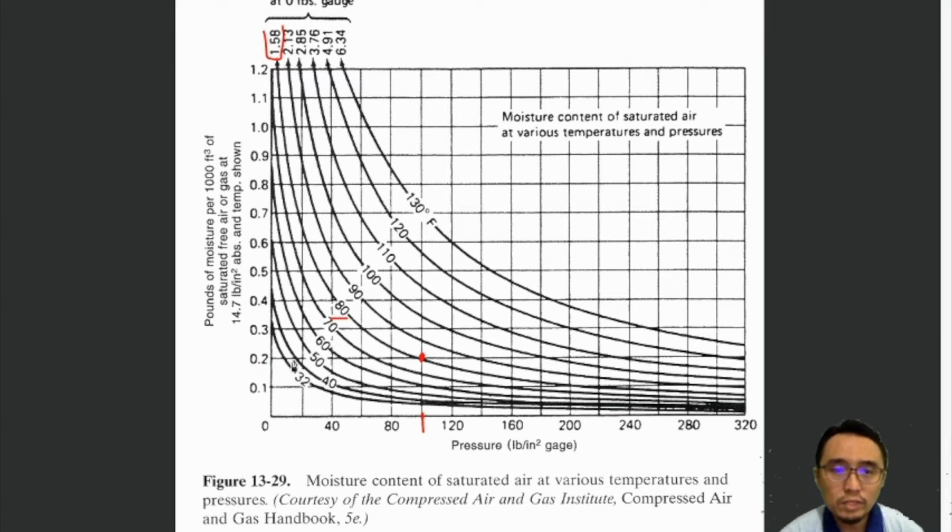The value of 0.2 means that 1.38 pounds out of the original 1.58 pounds of moisture per 1000 cubic feet of saturated free air would condense out of the air in the form of water to be drained away by the aftercooler. So this shows that compressing air and then cooling it back to its original temperature is an effective way to remove moisture.